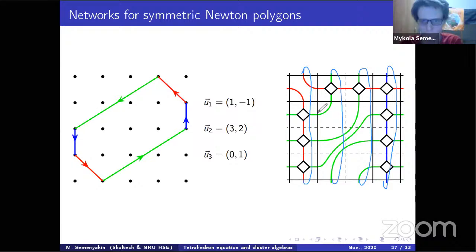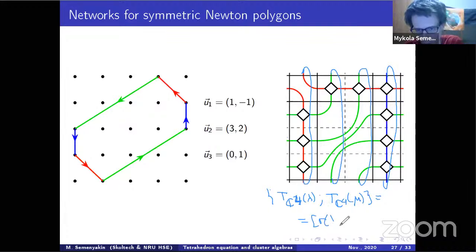The transfer matrix of paths here has a four-dimensional auxiliary space, and the theorem still gives us that this satisfies the Yang-Baxter equation.